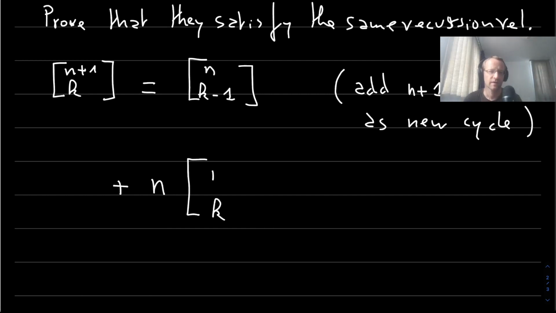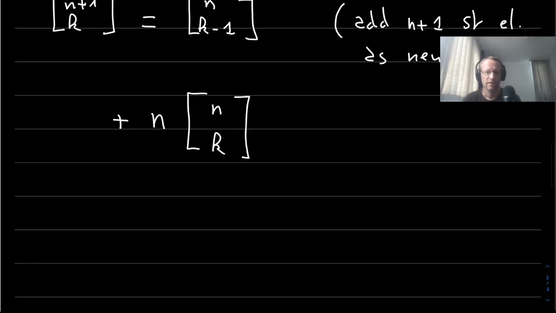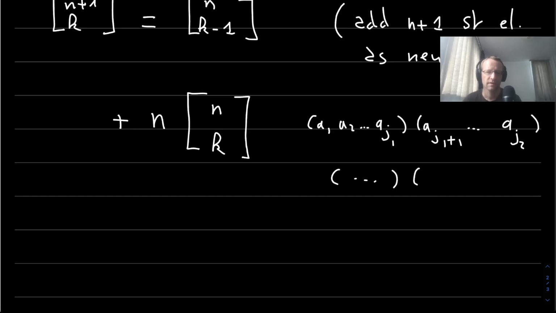So first we divide n elements into k cycles, and then we pick a spot anywhere in this list of k cycles to insert our n plus first element.